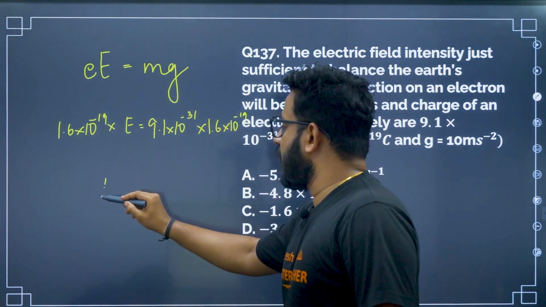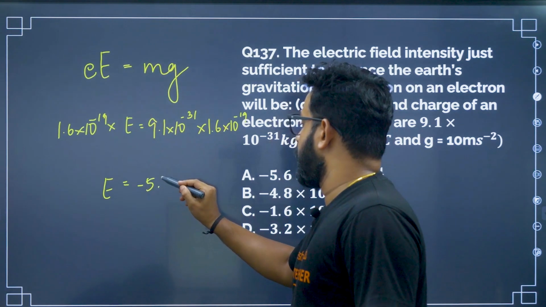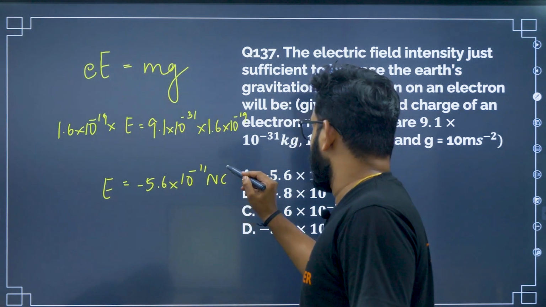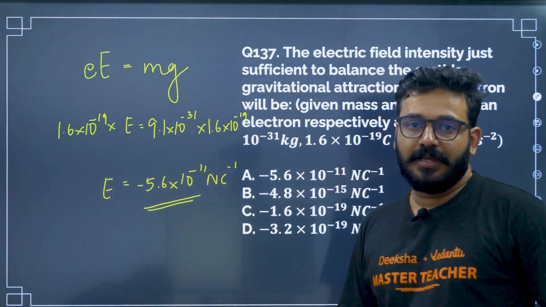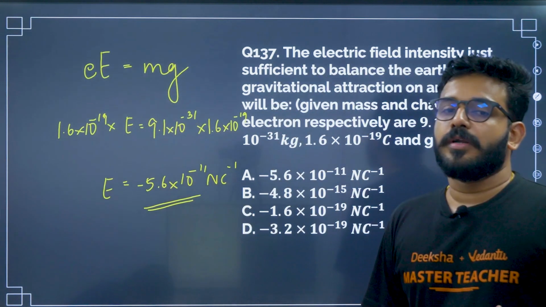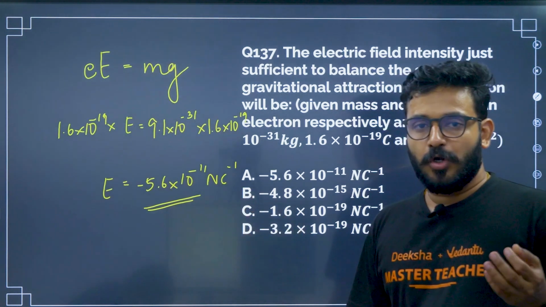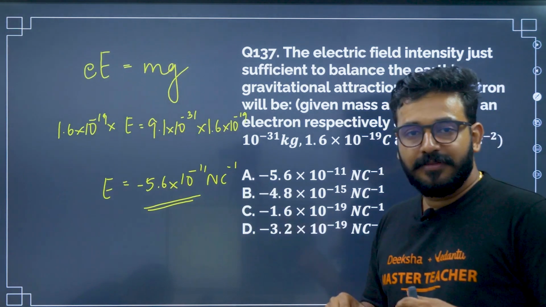So just calculate and ultimately you will get the answer as minus 5.6 into 10 to the power minus 11 Newton per Coulomb. You can do the calculation yourself and cross check. Once again, let me remind you, I have written this directly. If you find any contradiction in the calculation, please let me know in the comment section. All right. So this is how you get this answer.